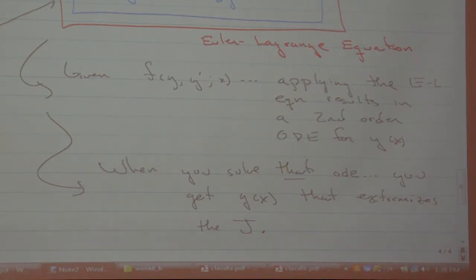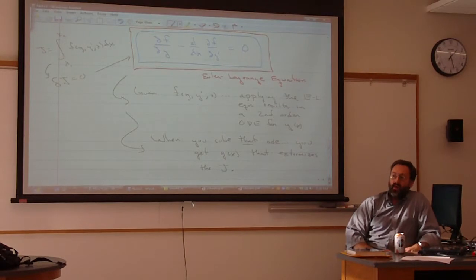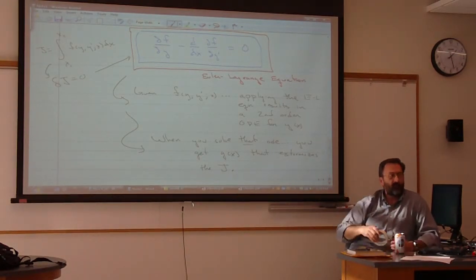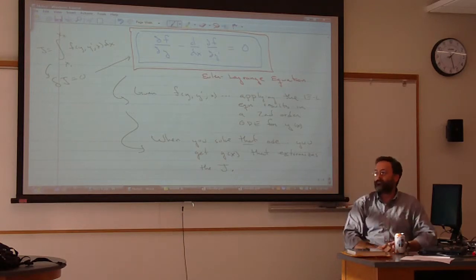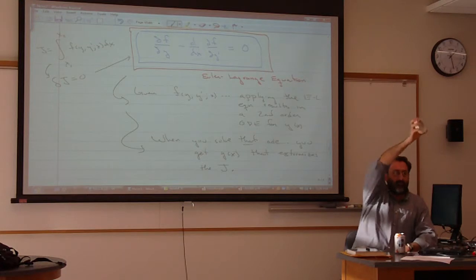So, examples. Let's suppose that you ask yourself this question. I'm going to throw this simple object through the air. There are many paths, y of x, that the object could choose. When I let go of it, it could go up and come back down.